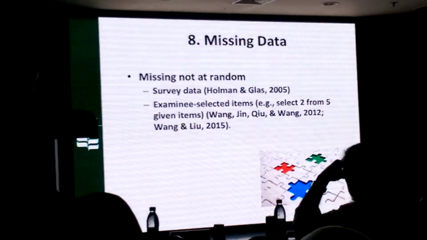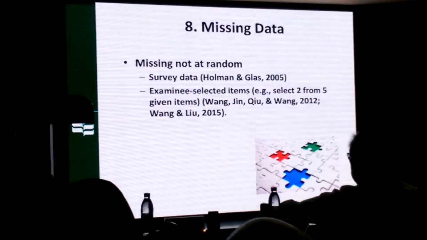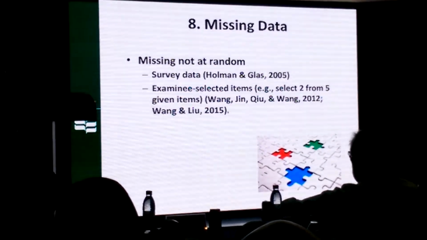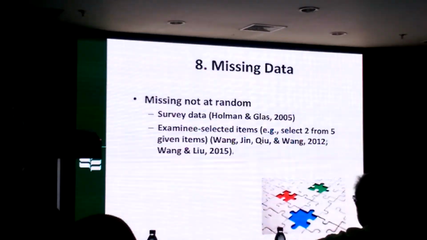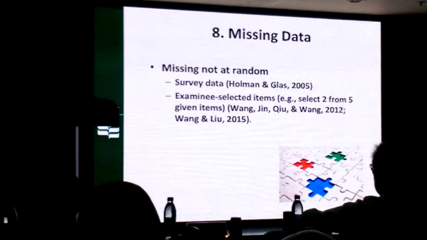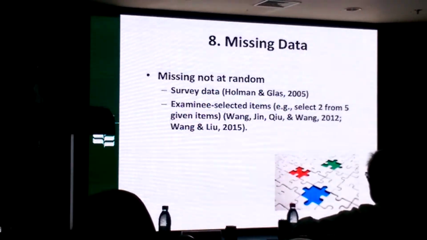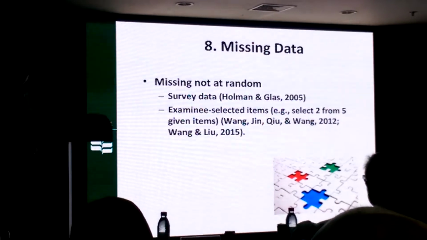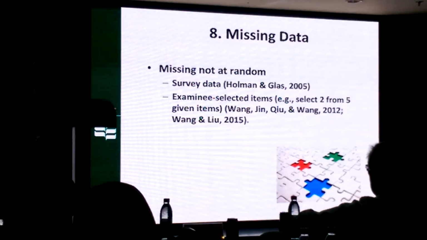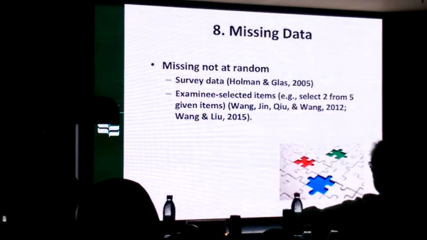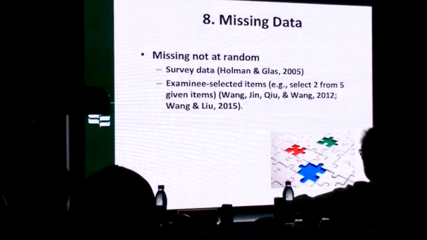And a particular example of missing not at random is examinee-selected items in Gaokao or even in Hong Kong or a lot of graduate school entrance exams. Sometimes, due to some educational purpose, we offer multiple questions, and then we require our examinees to pick a fixed number of items to answer. For example, here are 5 open-ended items.